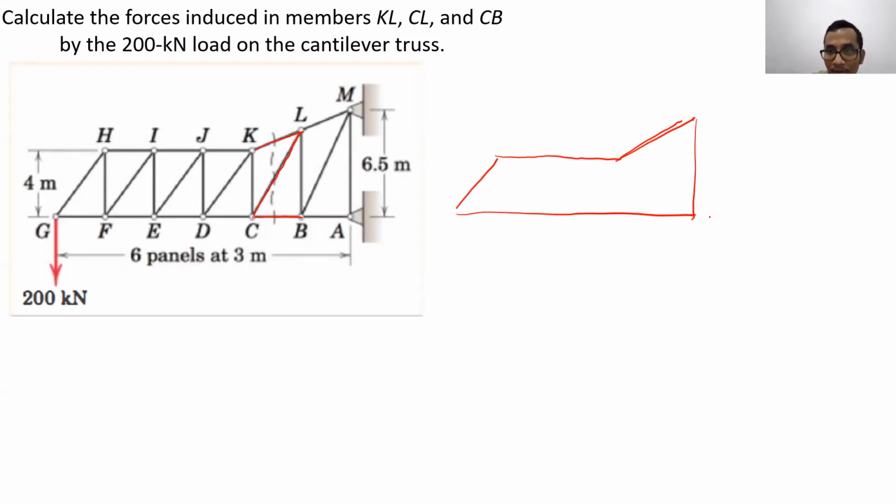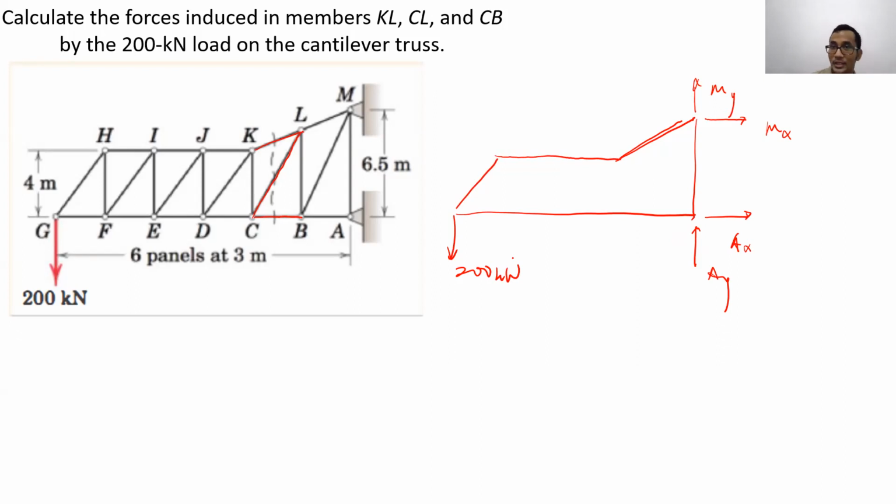There will be AX, AY, MX, MY, and 200 kilonewton. Something like this, right? Yes, the free body diagram is something like this. Can we solve for MY, MX, AX, AY?